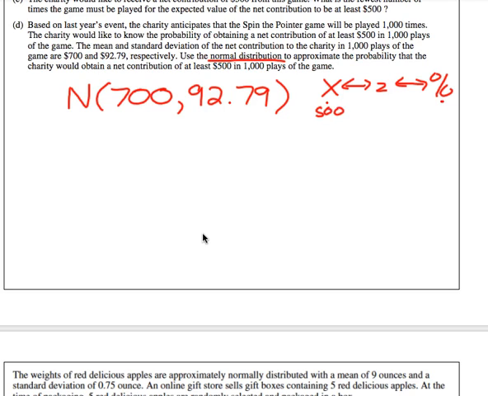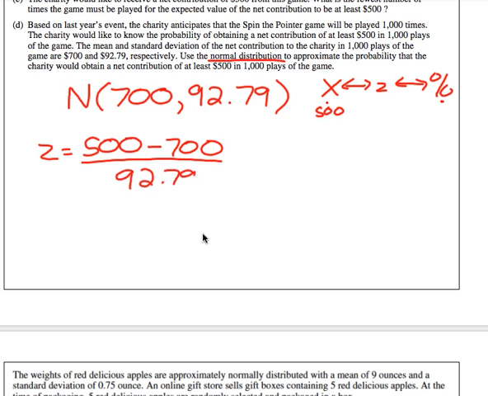Well, we have a pit stop to take first, don't we? We need to figure out that z-score first. We're curious about the observation of 500 minus the mean of 700, divided by the standard deviation 92.79, so negative 2.16. And we, of course, are going to use normal CDF from there.